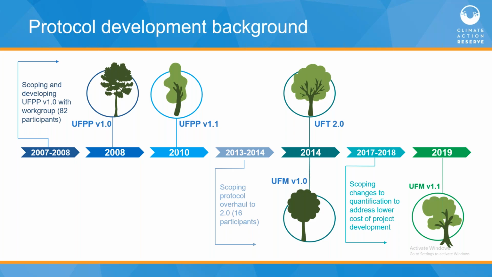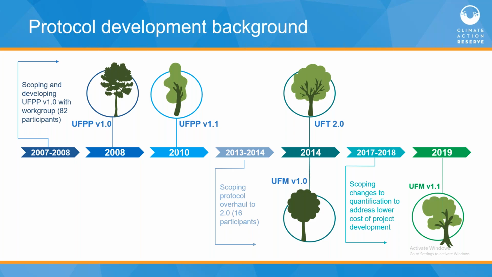Today, the protocol that we're going to be talking about is purely our voluntary protocol. And through that work group process that I mentioned to update the protocol to version 2.0, we actually ended up splitting the protocol into two different offset protocols. We have the urban forest tree planting protocol, and that is what ended up being 2.0. And then we also have the urban forest management protocol.